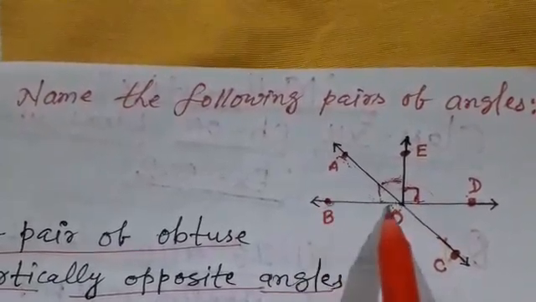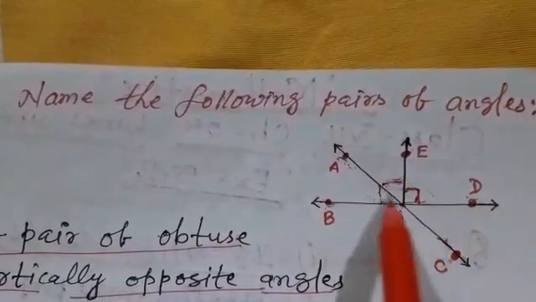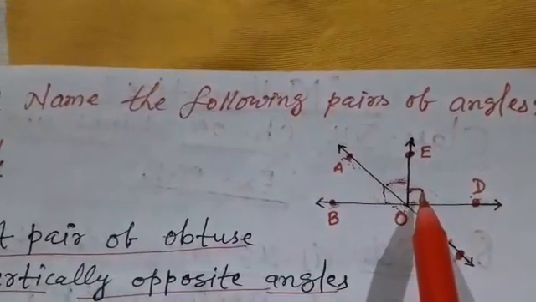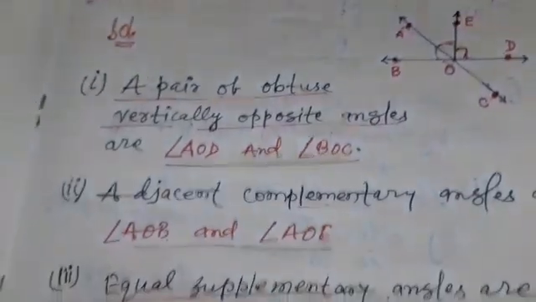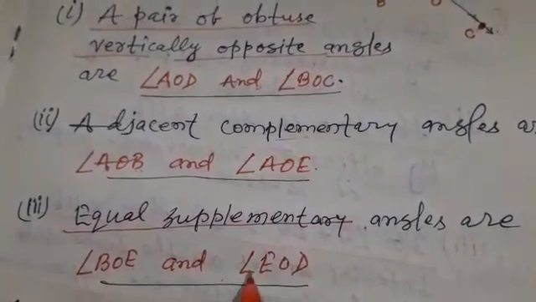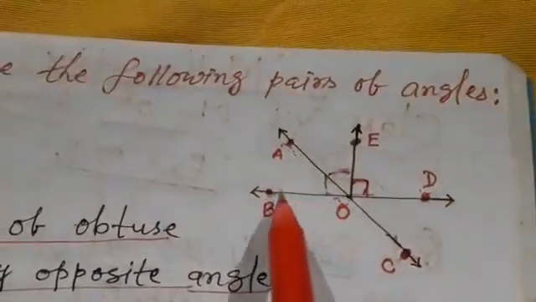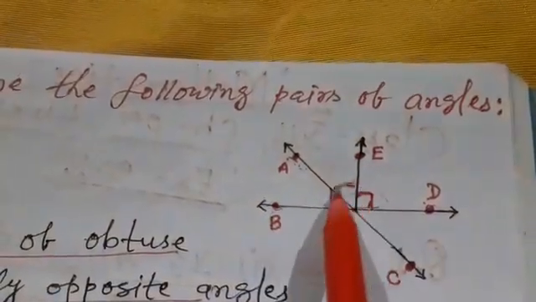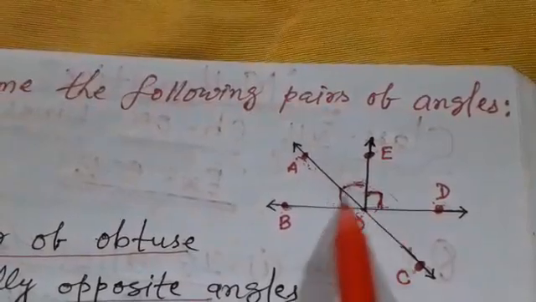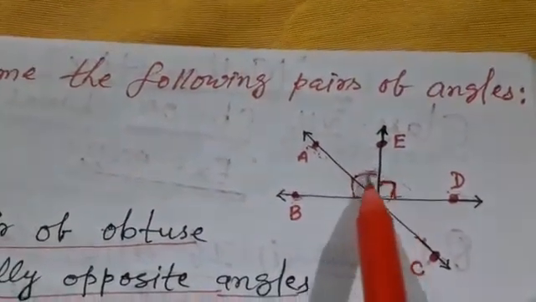So angle BOE and EOD both form a straight angle, meaning 180 degrees. So we write equal supplementary angles are angle BOE and angle EOD, because angle BOE is 90 degrees and EOD is also 90 degrees and they form supplementary angles.